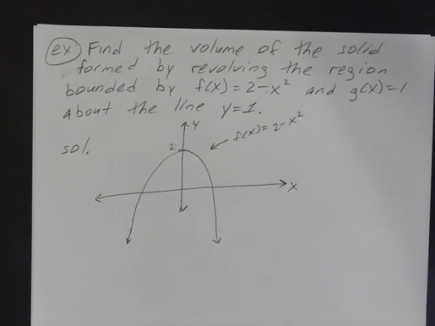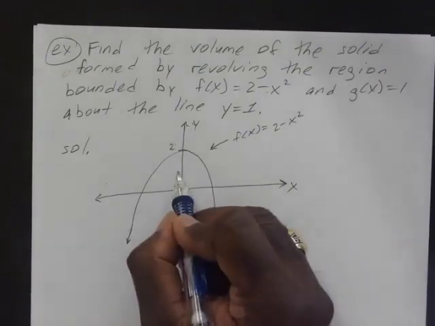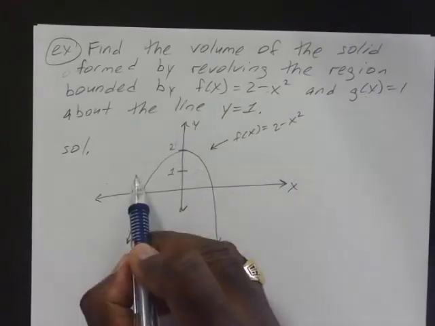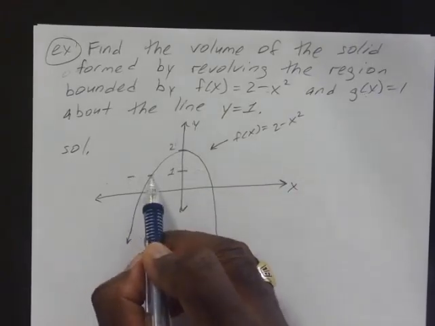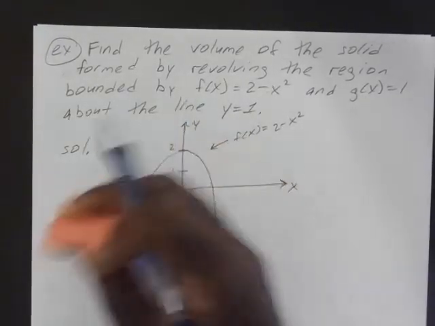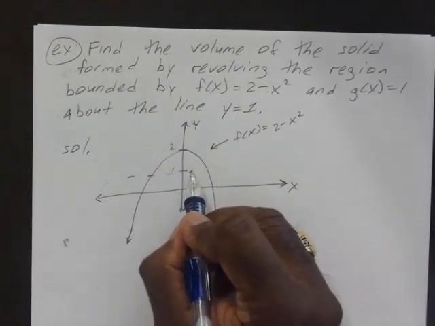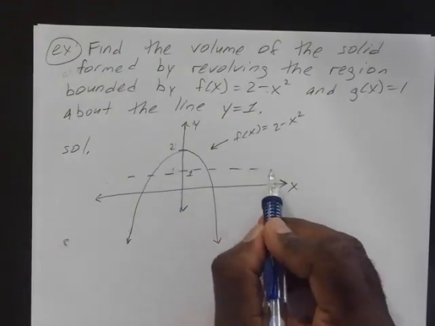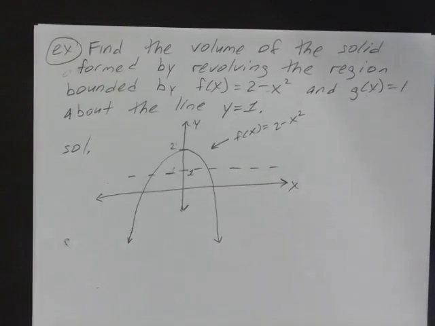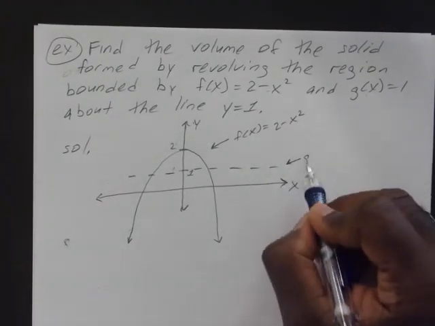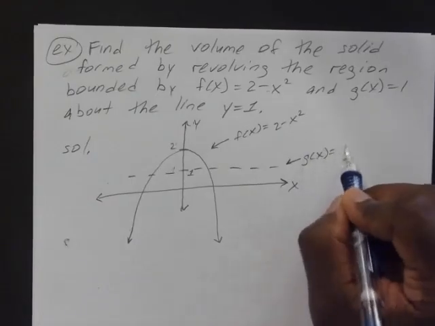Now g of x equals 1, same as saying y is equal to 1. It's just a horizontal line through 1. Okay, so this is just g of x is equal to 1.